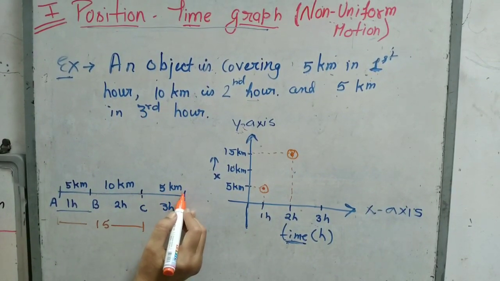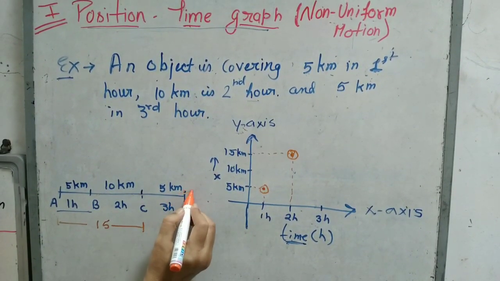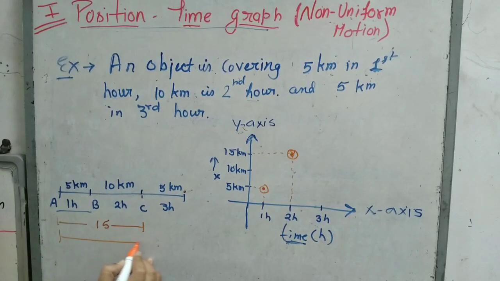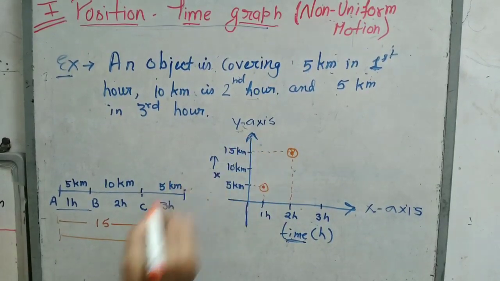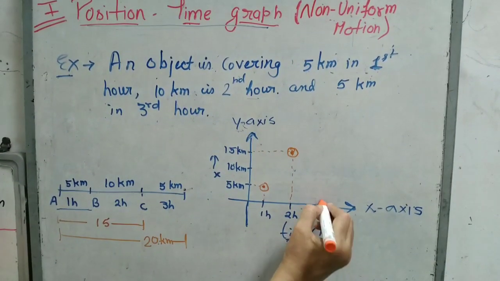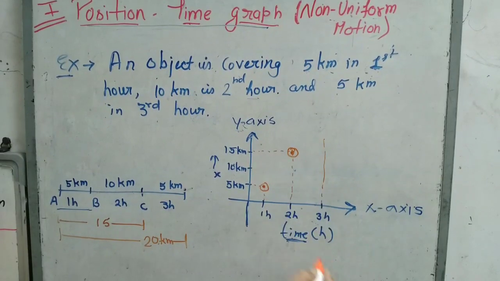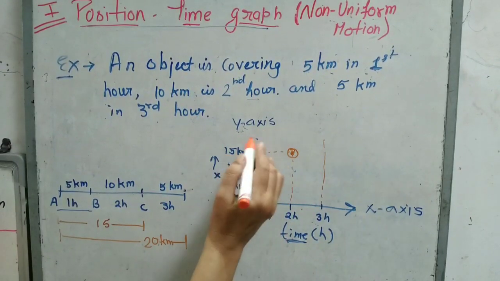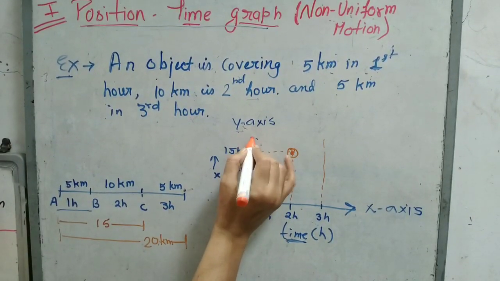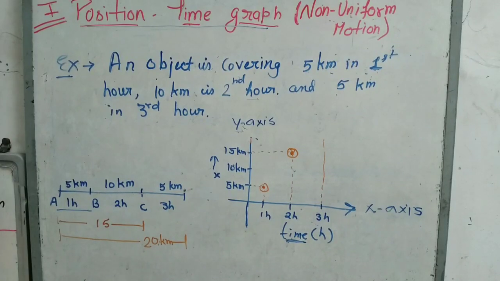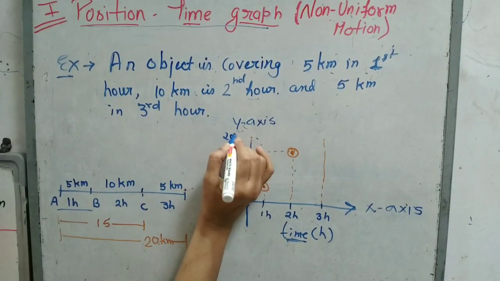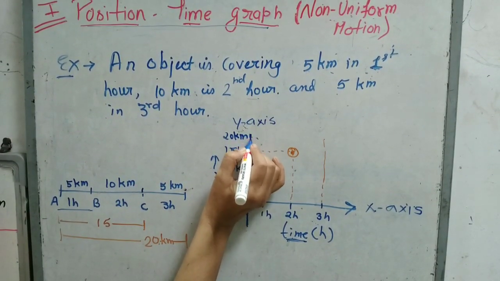Now in the third hour it moves 5 km. That means from our initial point, the total distance travelled is 20 km. So where can we get the 20 km? We will draw the line on the time axis, and here we get 20 km around over here.